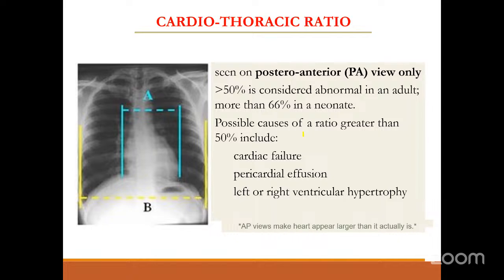If it is enlarged, then we can look at causes, especially signs of cardiac failure or excessive fluid around the heart, like pericardial effusion, or in kids, congenital anomalies. Based on the X-ray, we can look at an echocardiography to see if there are any valvular or congenital cardiac anomalies.